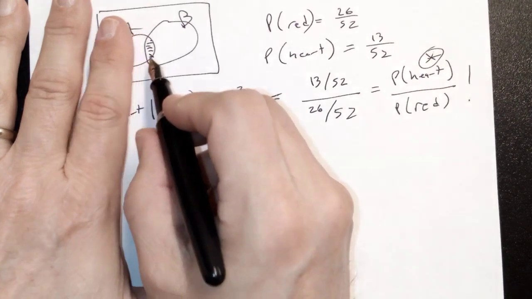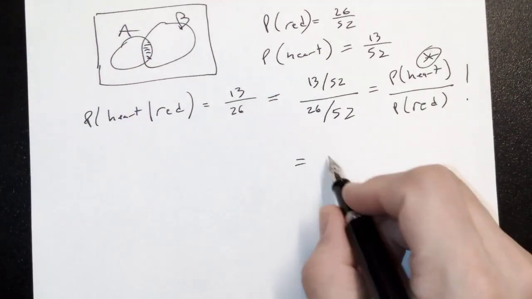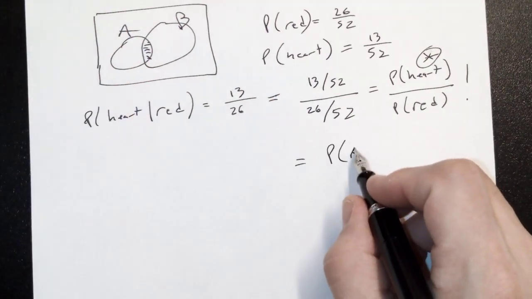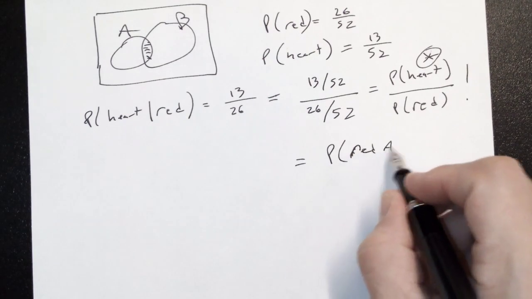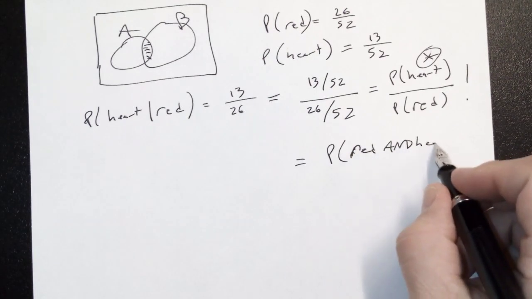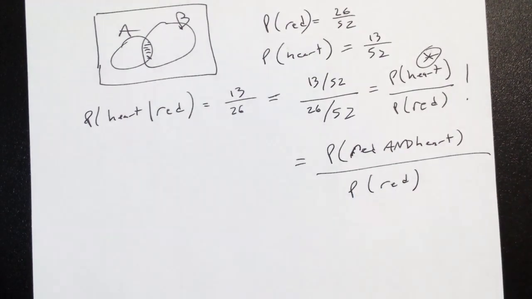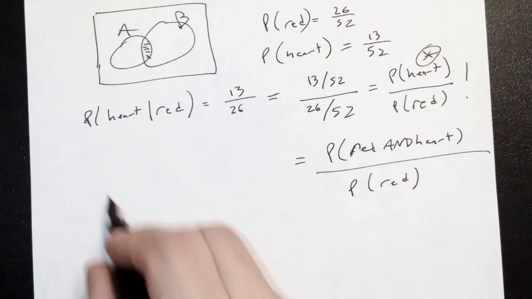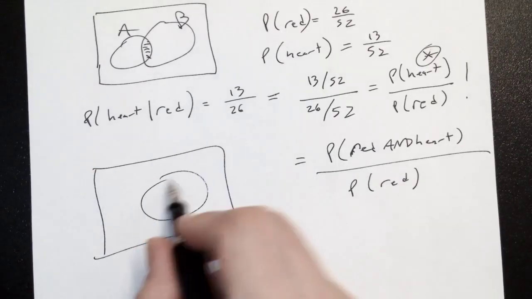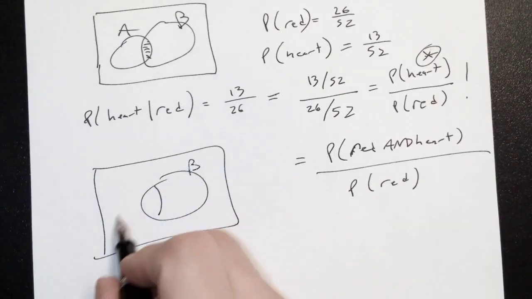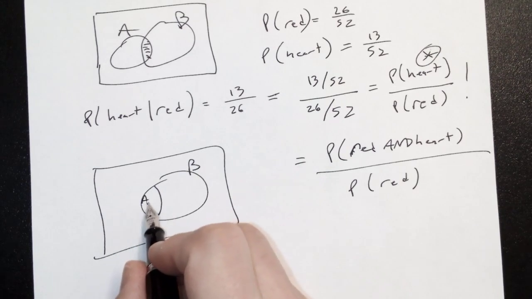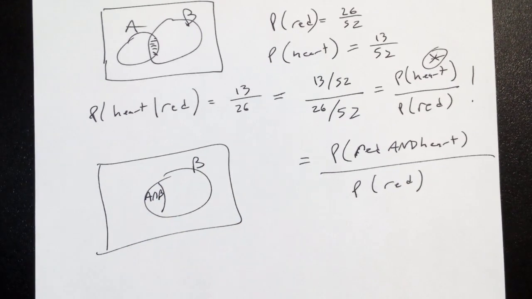I can only use the part in the middle. This is really the probability of red and heart over probability of red. Because I need to be only looking at that comparison. How much of the red group is made up by heart and red?